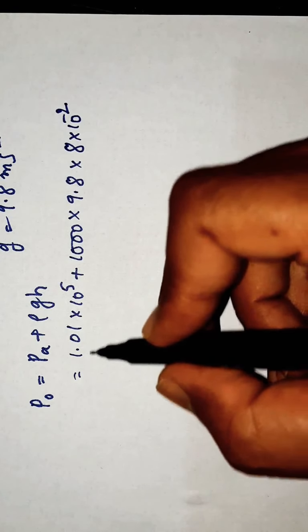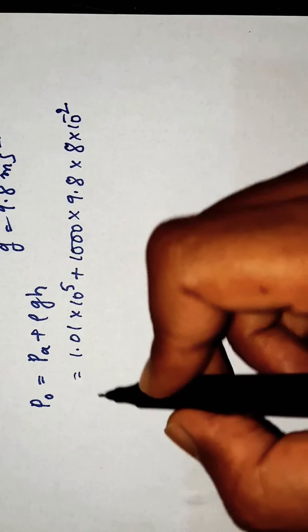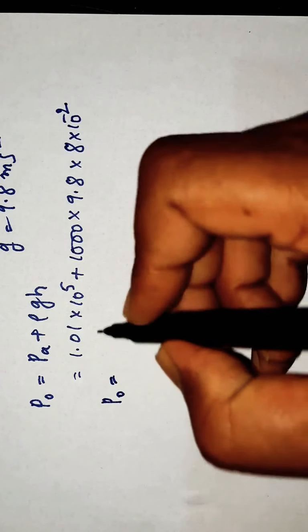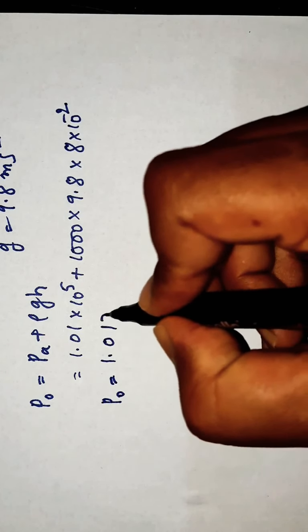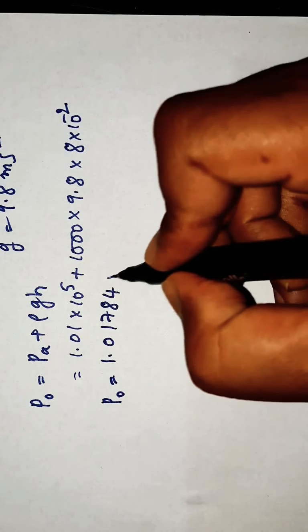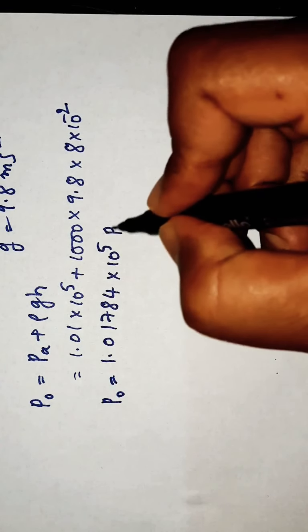So if we simplify this, we get P naught is equal to 1.01784 into 10 to the power of 5 Pascals.